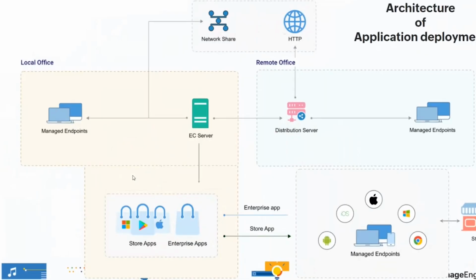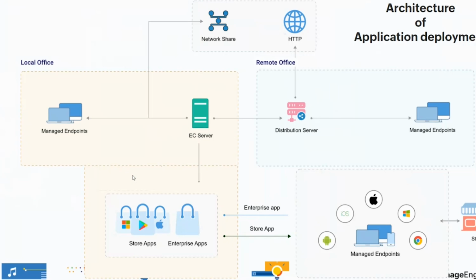This is the architecture of application deployment. We have the Endpoint Central server, and using it, you will be deploying these applications. Agents have to be installed on the endpoints. Like a distributed workforce, we'll see more on this in the upcoming slides.